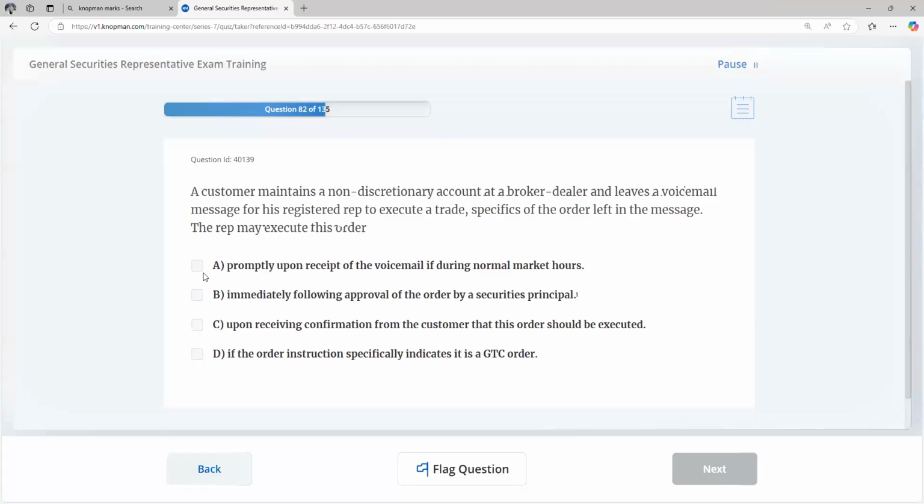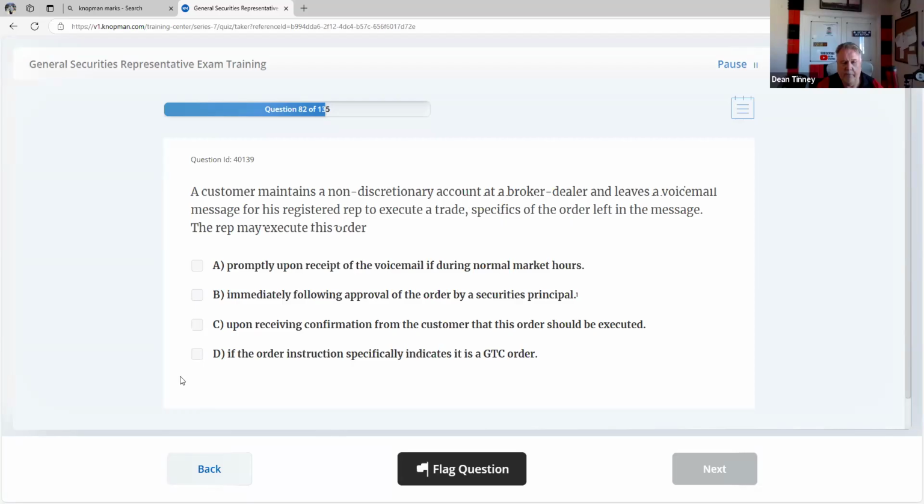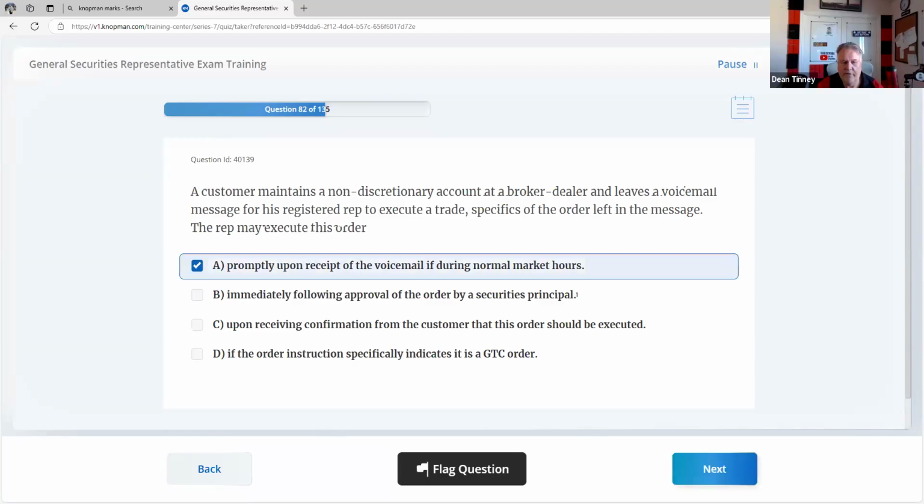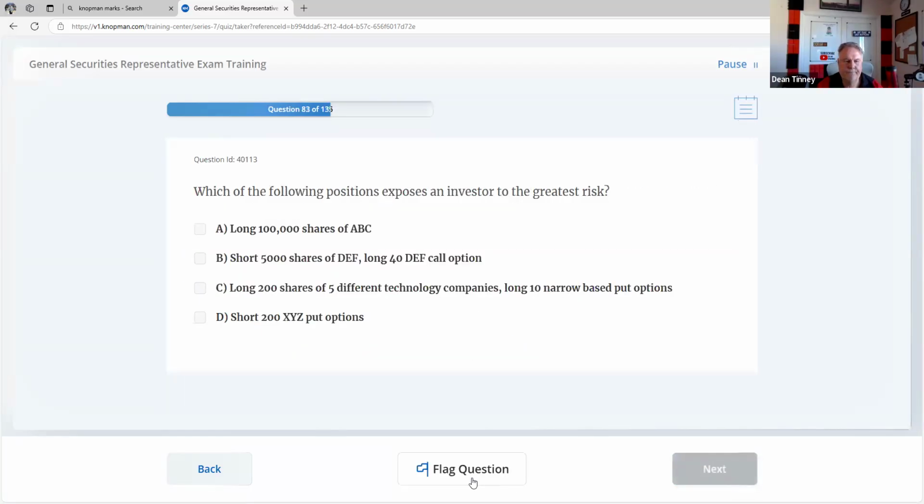So I almost feel like it's the immediately following approval. You've got to pick one. Specifically if the order instruction indicates it's good till cancel, upon receiving confirmation. I'm gonna go A, even though I don't like it. Okay, I'm going C. Let's see what happens. I don't like this question.